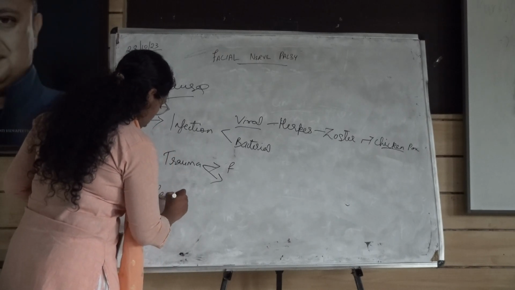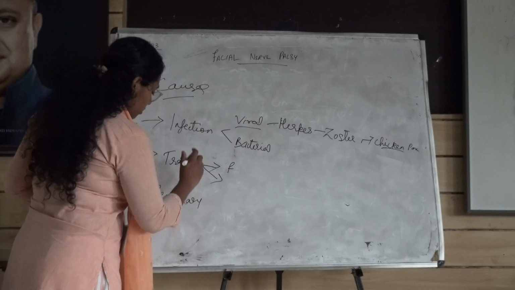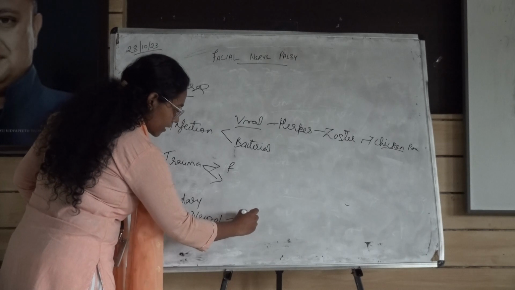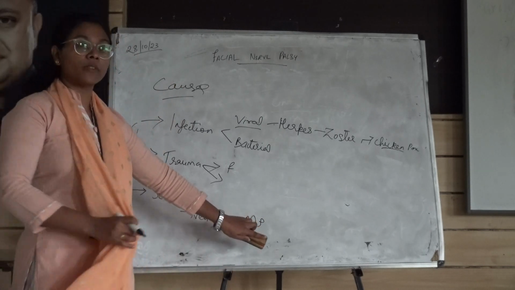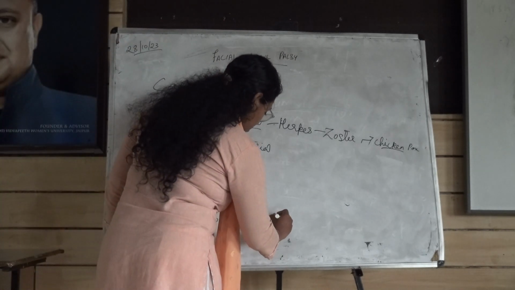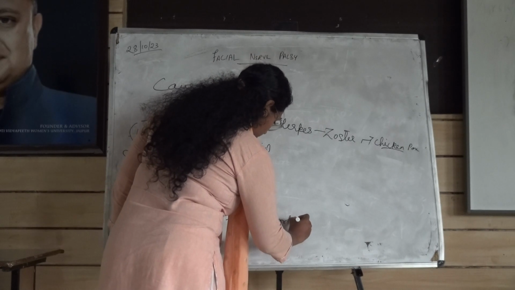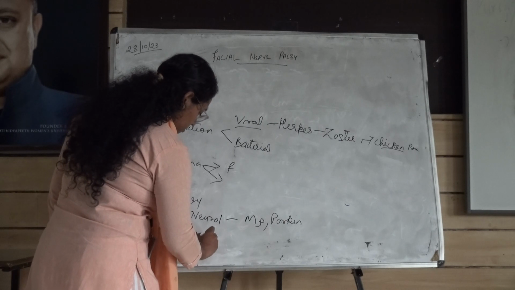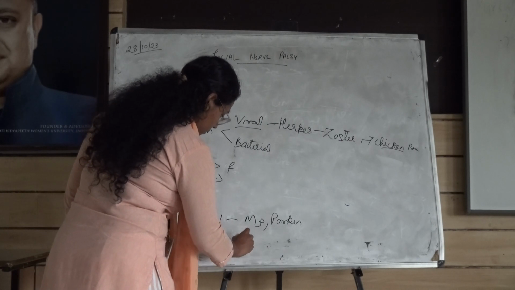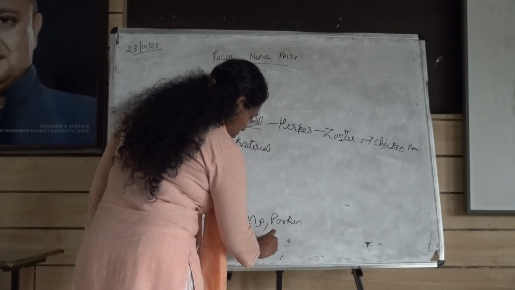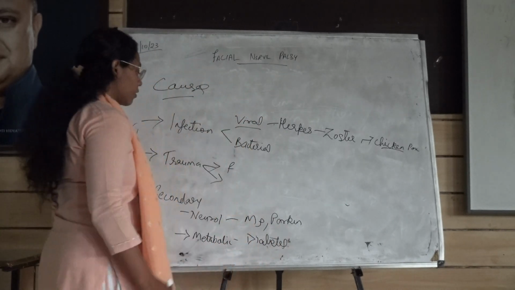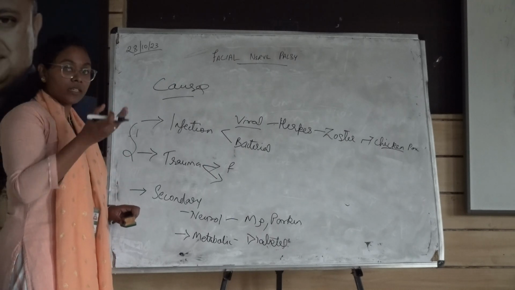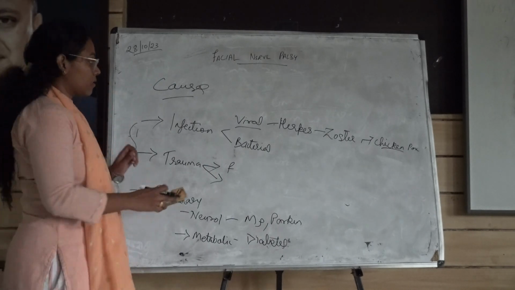Some secondary causes can also come, like neurological causes. We can see MS, multiple sclerosis, Parkinson's disease, and metabolic conditions like diabetes. Diabetes also may cause facial nerve palsy. These are a few of the causes that we can see that cause facial nerve palsy.